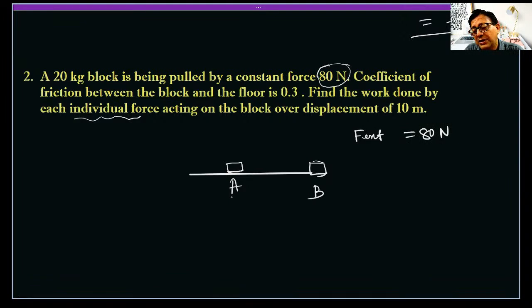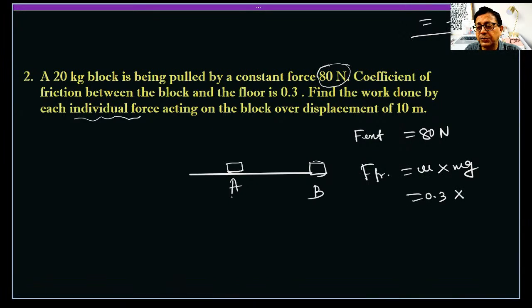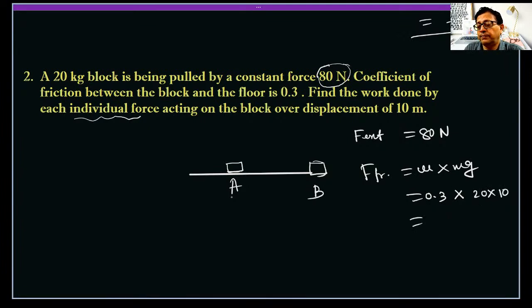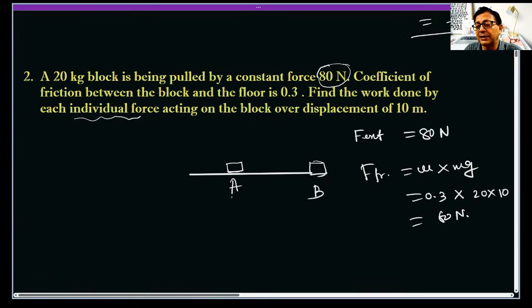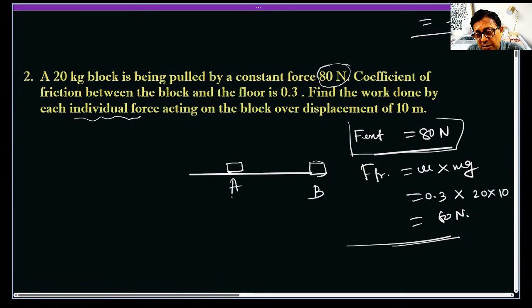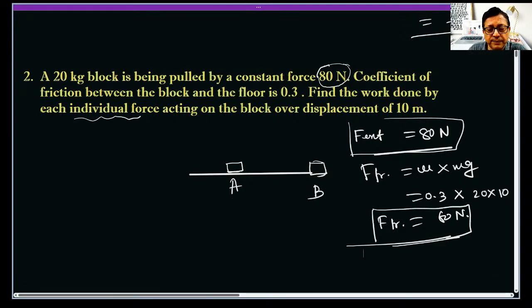And what is the frictional force? F_R is mu into m into g. The coefficient of friction given is 0.3, so it will be 0.3 into 20 into 10. So this is going to be 60 Newton. So external force 80 Newton and frictional force 60 Newton. You have to find work done by this external force and then work done by the force of friction.